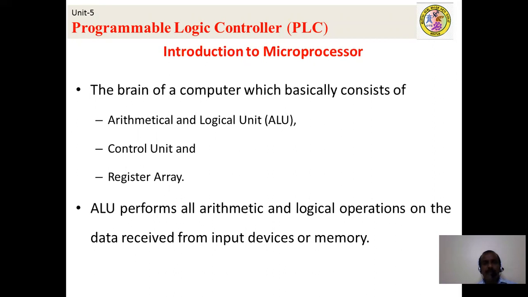The brain of a computer is the microprocessor, which mainly consists of the arithmetic and logical unit, that is ALU, the control unit, and an array of registers. ALU performs all arithmetic and logical operations on the data received from either the input devices or the memory.